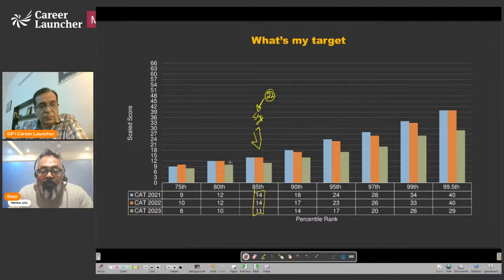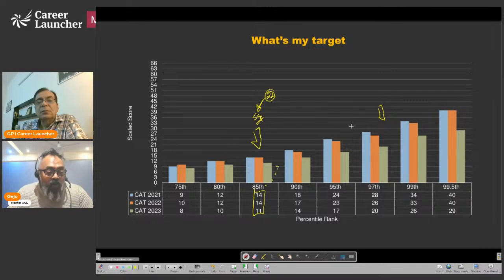So you cannot expect a particular strategy at a particular score. And if your plan of action is to get the 85th percentile, and then you actually get the 85th percentile, then don't cry. You should be happy with it.